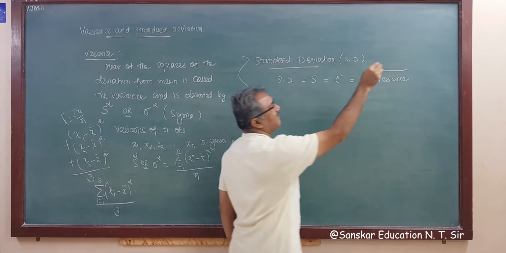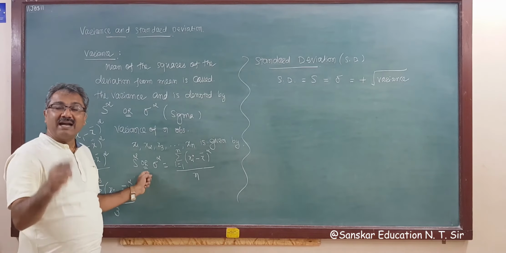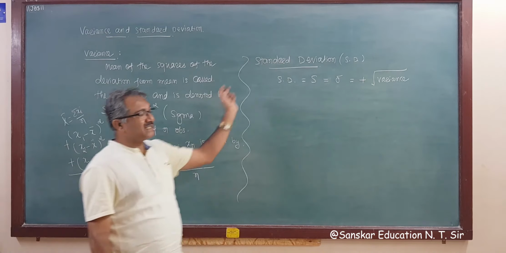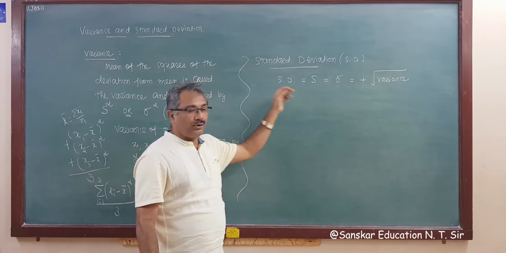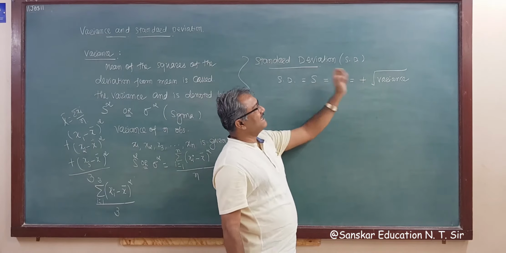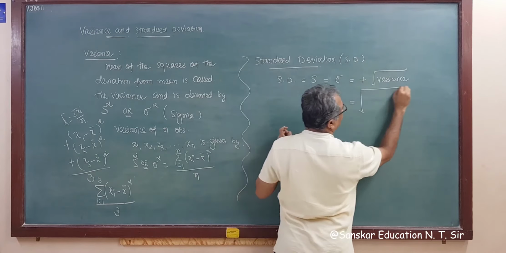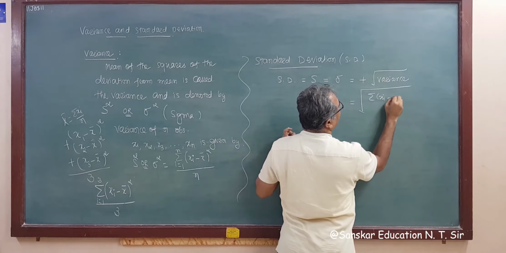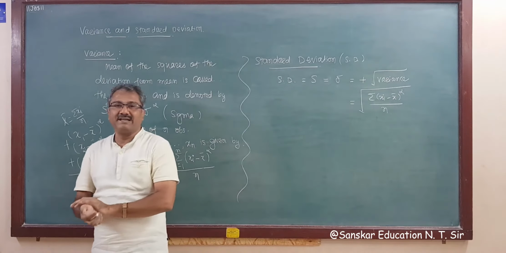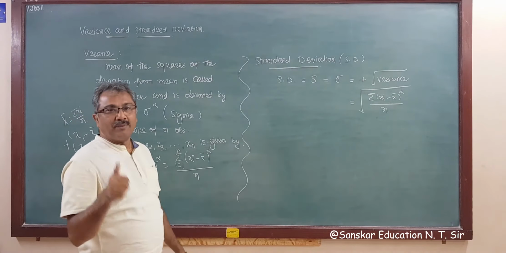So the important definition: sigma of xi minus x bar whole square upon the total number of observations, that is n. Now taking the positive square root, standard deviation sigma, or S, is equal to the square root of sigma xi minus x bar whole square upon n. It is very easy to remember.